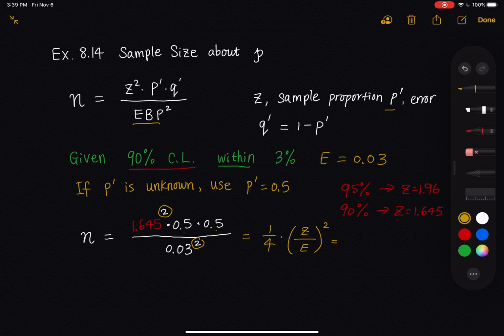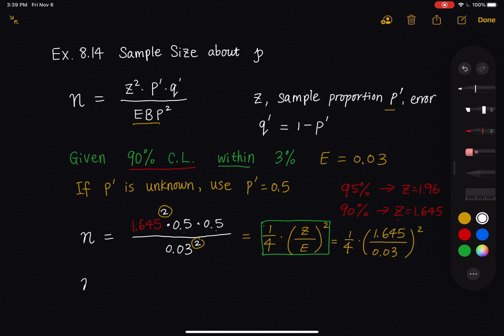You will get the same answer: 1/4 times 1.645 divided by 0.03, and then you square it. Either equation will give you the same answer, but I prefer this one because you have less chance to make a mistake. But again, it's to your preference.